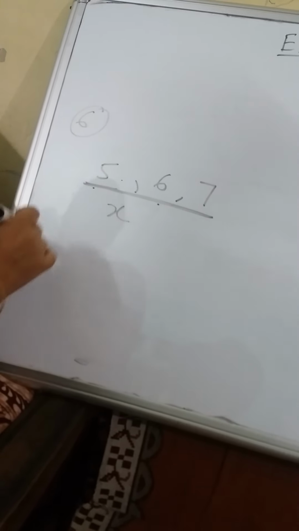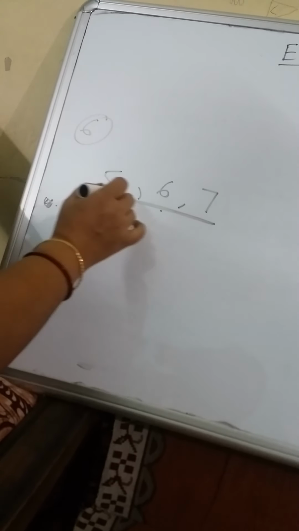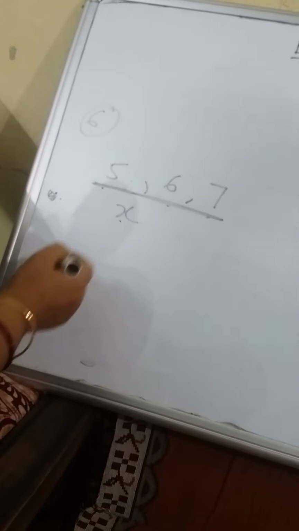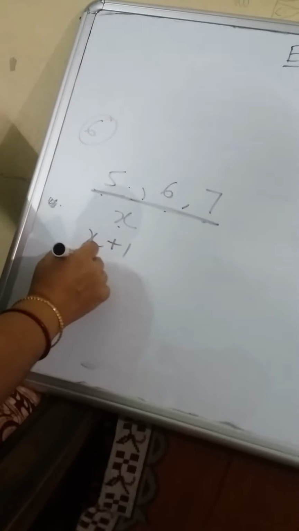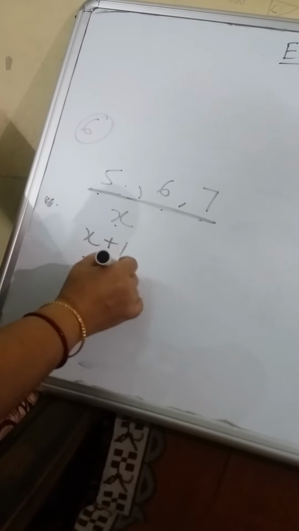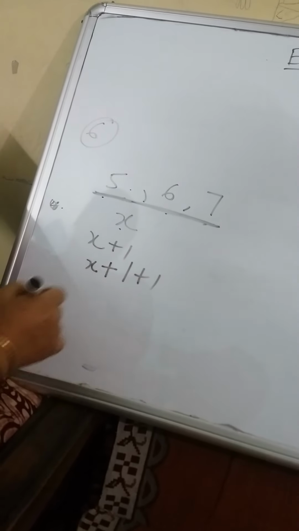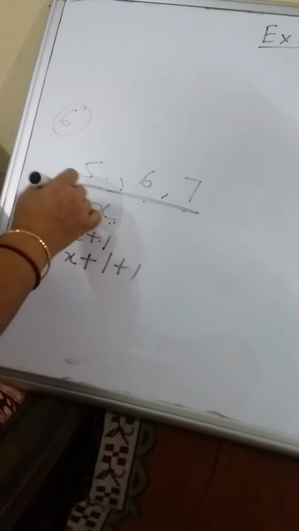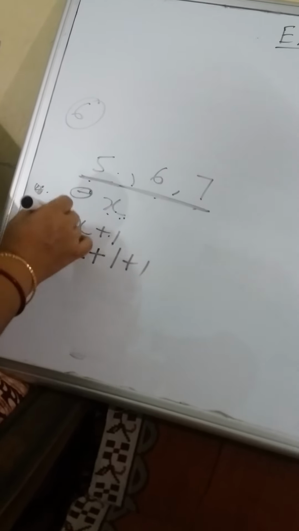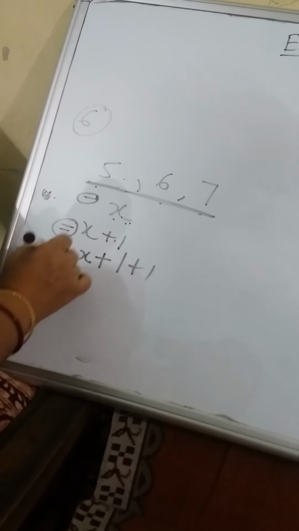Okay. So if the numbers are not known to you, consider one number as x. So the next 2 consecutive numbers will be x plus 1 and x plus 1 plus 1. That means difference is only 1. This is first number, this is second number and this is third number.